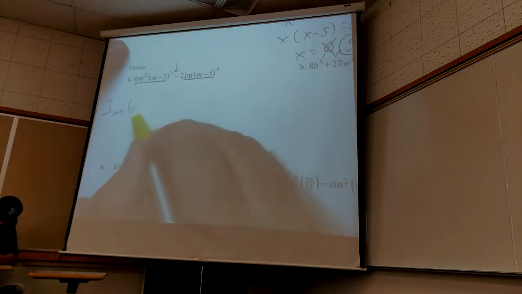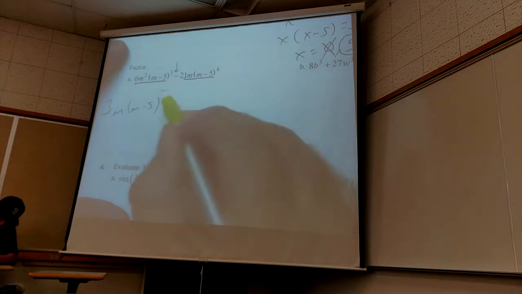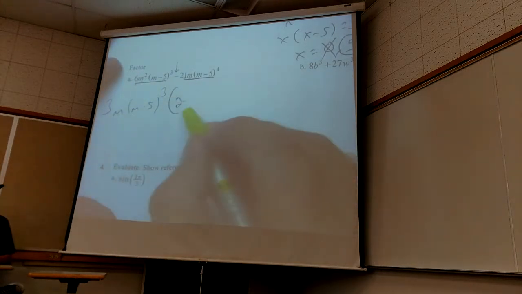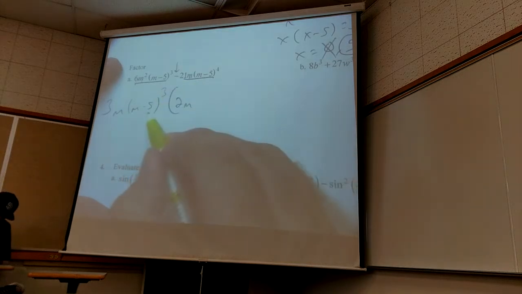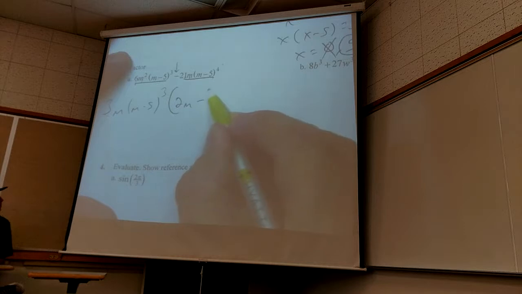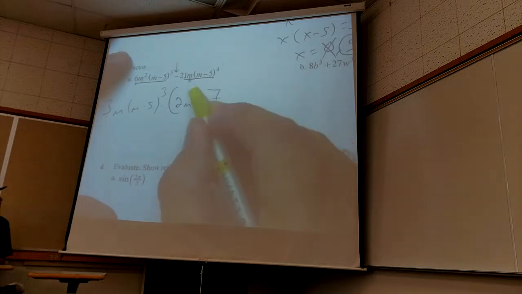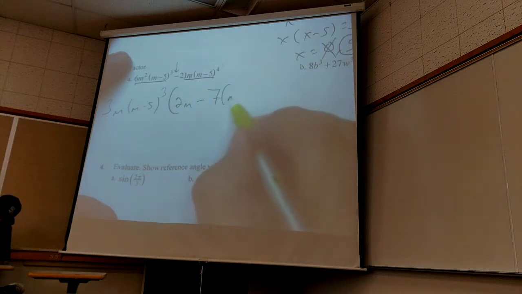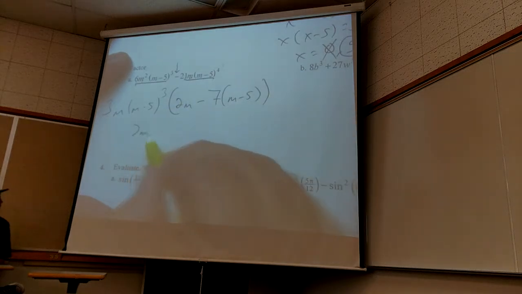And how many m minus 5's come out of both? 3. So what's left? 6 divided by 3 is 2. I had 2 m's, I took 1. I had 3 m minus 5's, I took them all. 21 divided by 3 is 7. I had an m, I took it. I had 4 of these, I took 3, so I have 1 of these left. And then you just clean up the inside here.